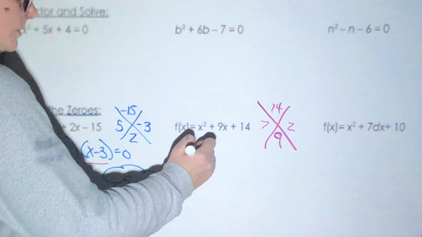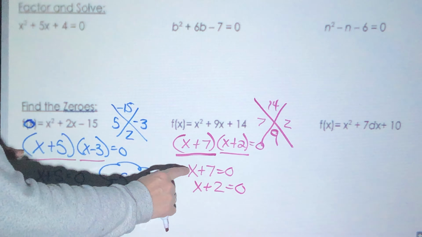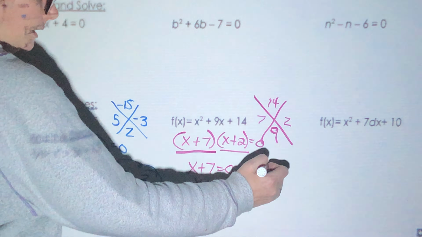And so I know that either x plus 7 equals 0, or x plus 2 equals 0, or they both equal 0. If I solve this one-step equation, I get negative 7. If I solve this one-step equation, I get negative 2. So those are the two solutions. Roots are zeros.